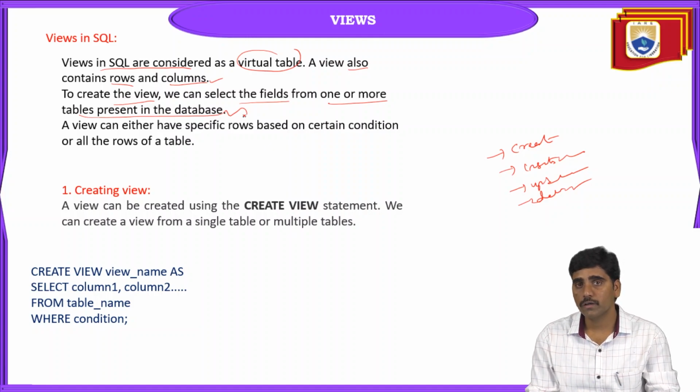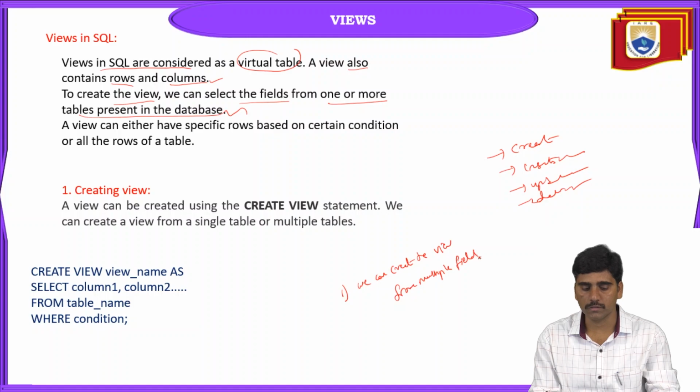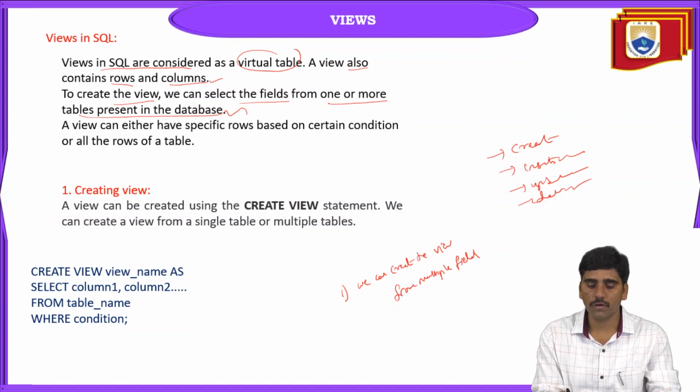You can create the view from one table or multiple table fields. It contains rows and columns just like a table does. We can select the fields from one or more tables present in the database.